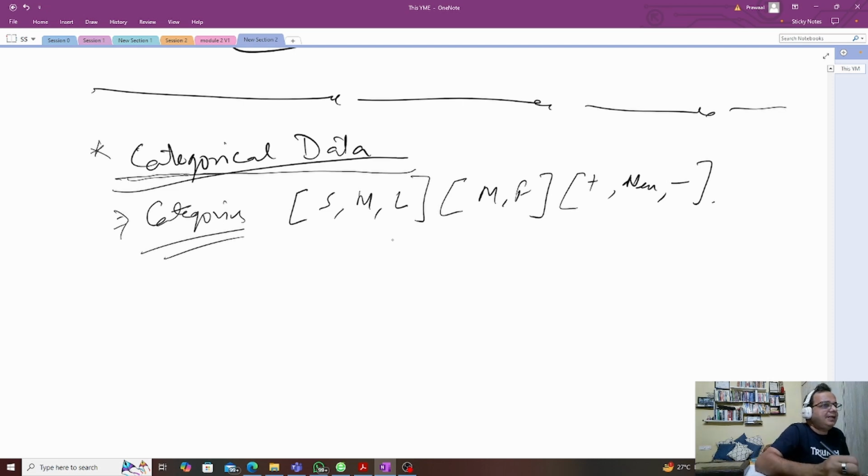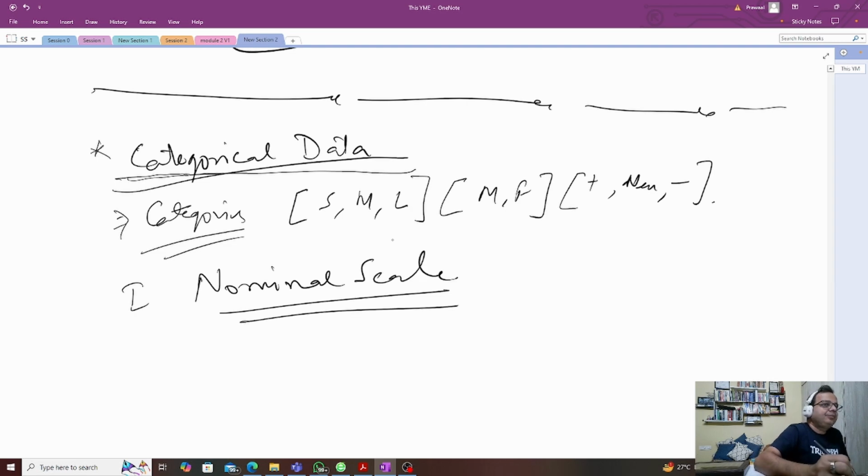So let's start with category 1 of categorical data, which is nominal scale. In nominal scale, the order of categories is not important.